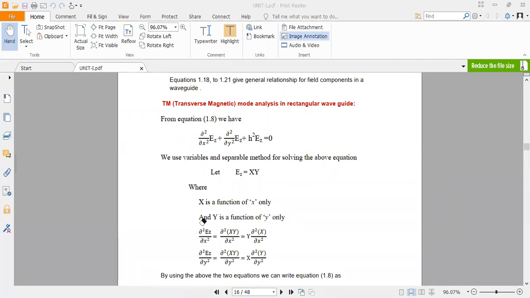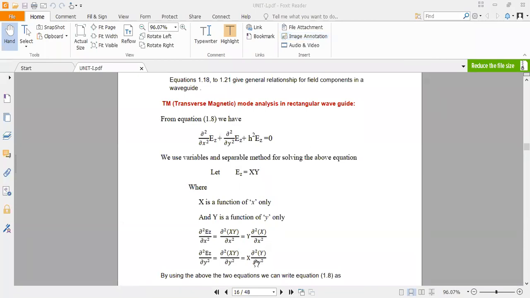So instead of Ez, if I substitute XY, we take Y out, d square X by dx square, and in the second term, we take X out, d square Y by dy square. So these two things we are going to get.